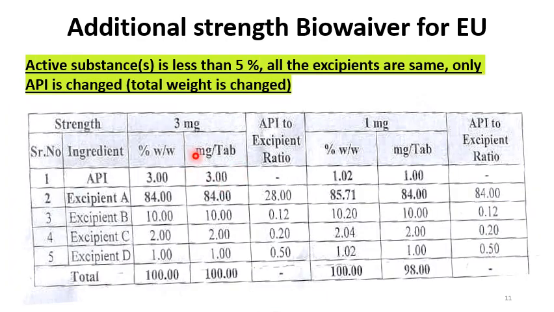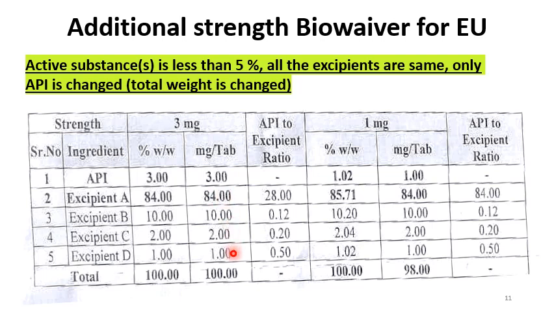See here in this example, 3 mg strength is considered with a tablet weight of 100 mg, and 1 mg strength is considered with a tablet weight of 98 mg. Rest all the excipients are the same in mg per tablet.